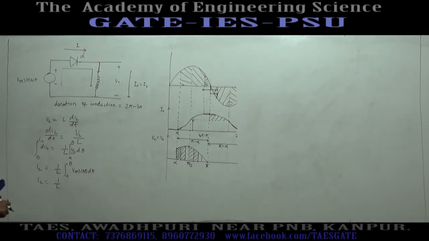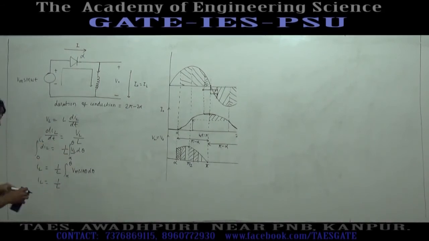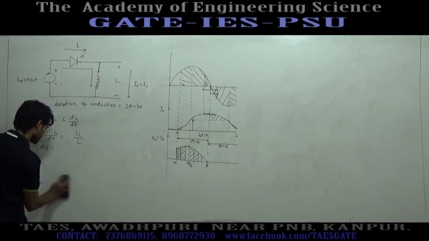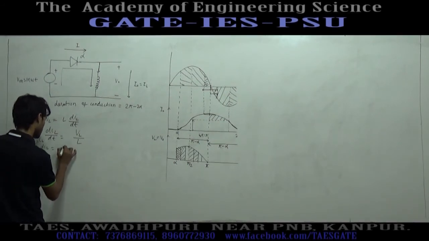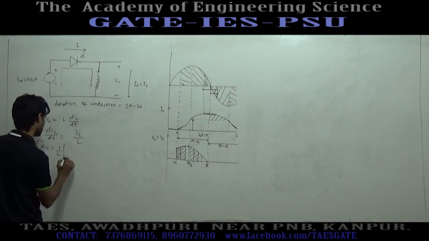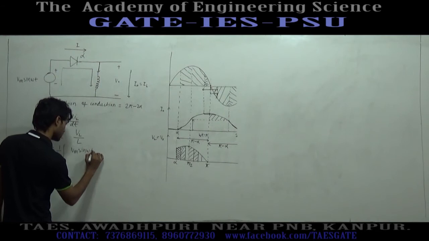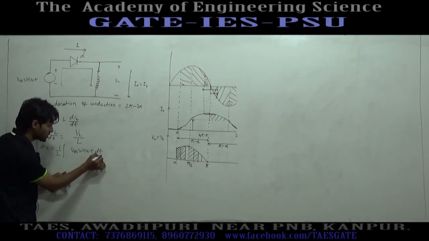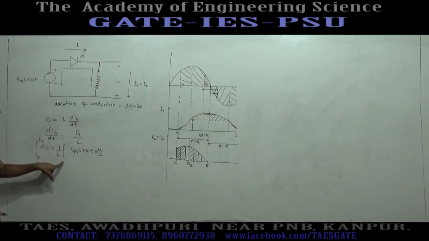Instead of calculating this integration in theta domain, we will first write it in time domain. dIL equal to integration 1 by L Vm sin omega t dt. We will integrate it in time domain, so we have to put the limit of time, not of theta.